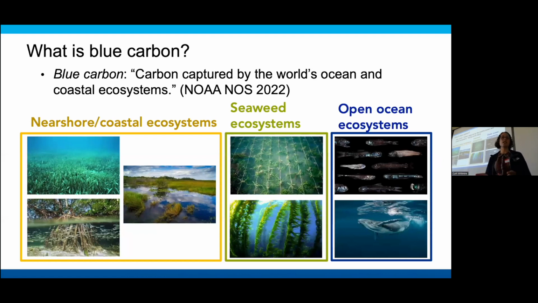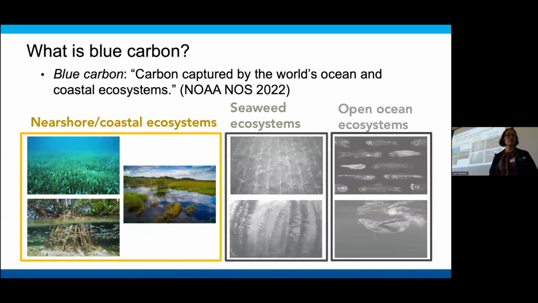And there's seaweed ecosystems, and that includes natural macroalgal systems as well as farm seaweed areas. And then there are open ocean ecosystems, which largely rely on animals to move carbon around. So today I'll be highlighting two examples, starting with the nearshore ecosystem of coastal marshes.